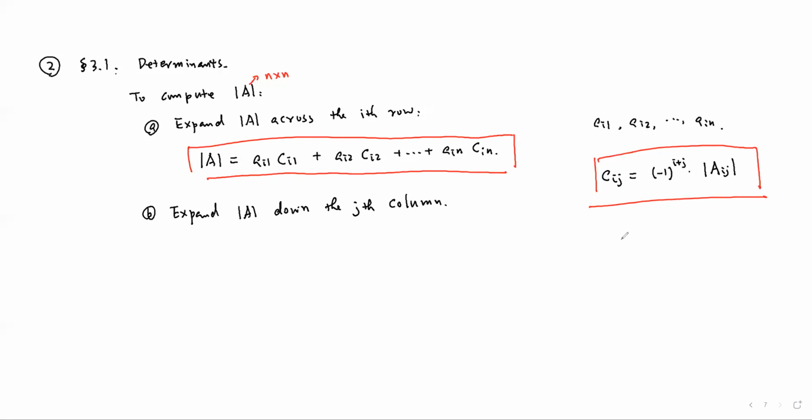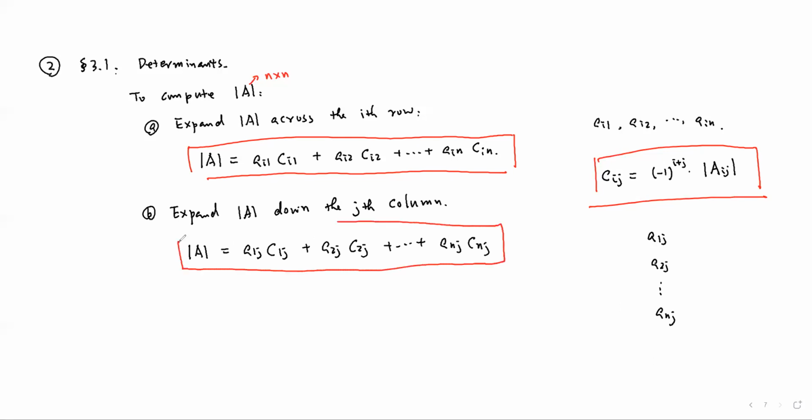The jth column of matrix A is A_1J, A_2J, up to A_NJ. So the determinant of A is equal to A_1J C_1J plus A_2J C_2J, up to A_NJ C_NJ. Write down this formula on your formula sheet. This is section 3.1.